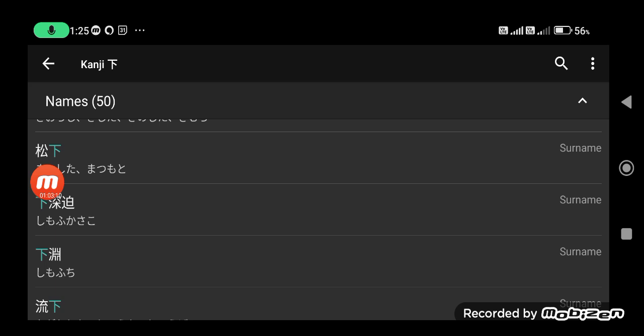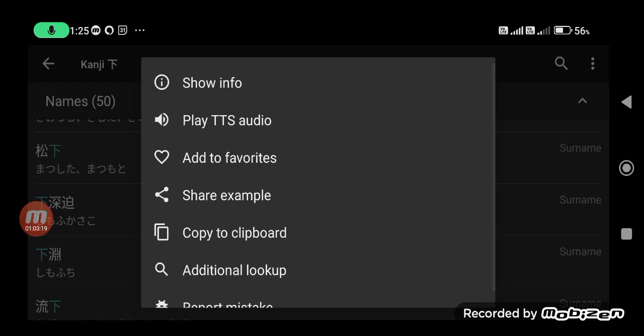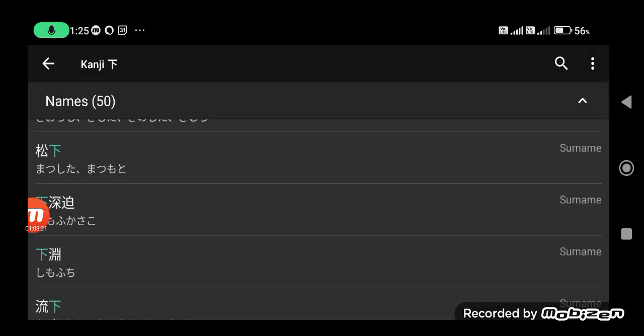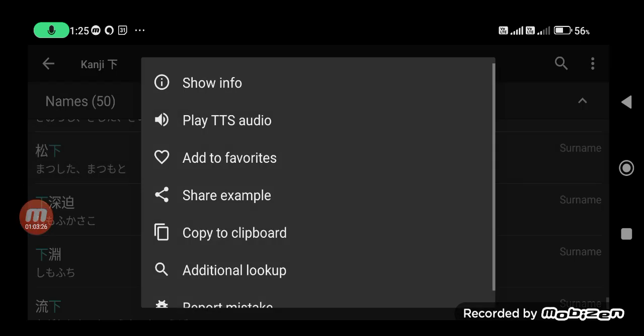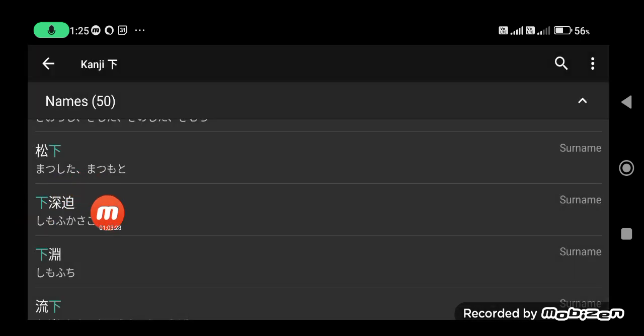And this one, usually this is read as Matsushita. Matsu is the first, and the second is shita. 松下、松本.